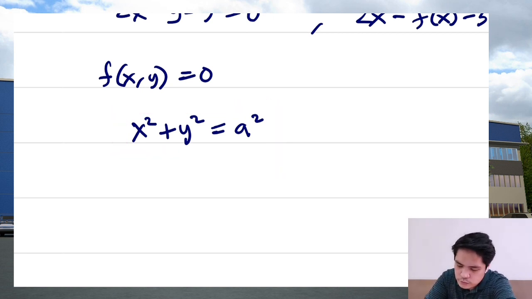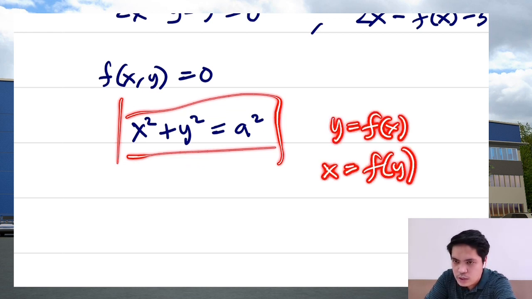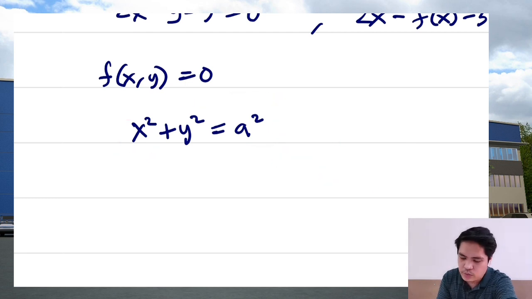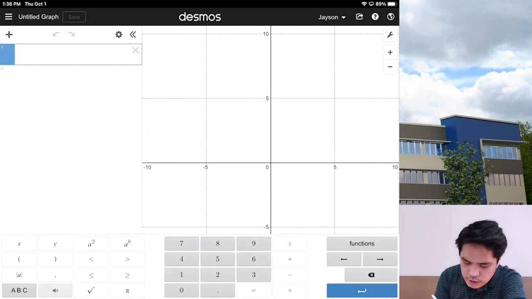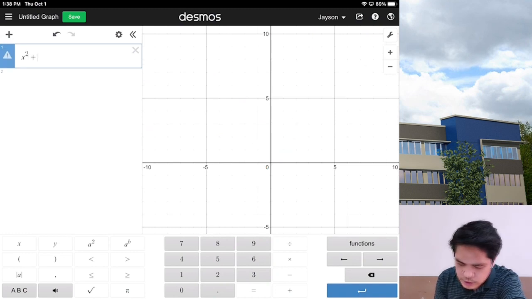We don't know if this is y equal to f of x or if x is equal to f of y. Right? Because it's implicit. In its implicit form, we have x squared plus y squared equals a squared.